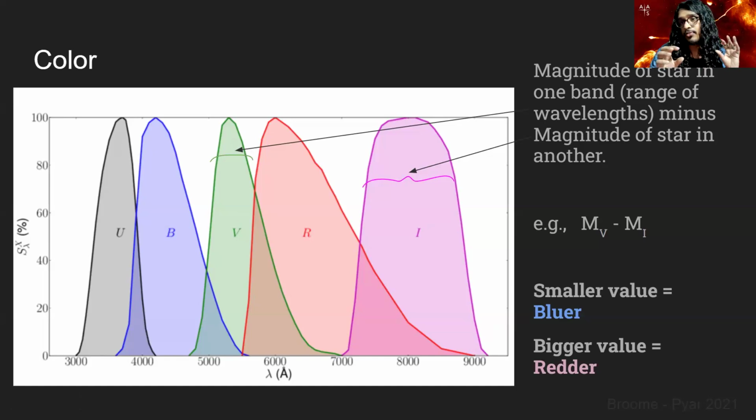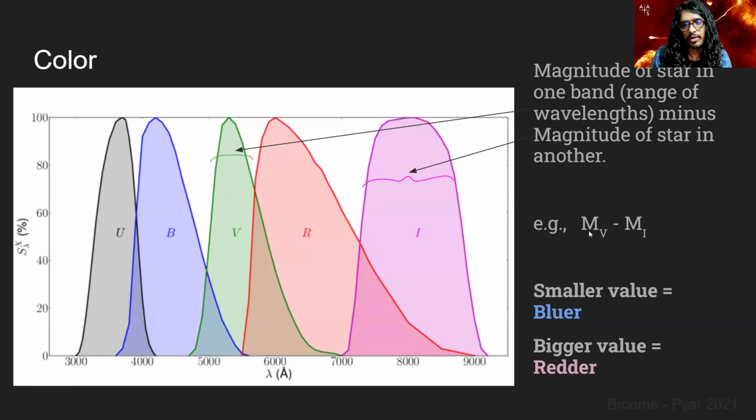Once we have the magnitude of the star in two different filters, we can subtract these two values to get what astronomers call color. Smaller values of this color indicate that the star is bluer, and bigger values indicate that the star is red in color.